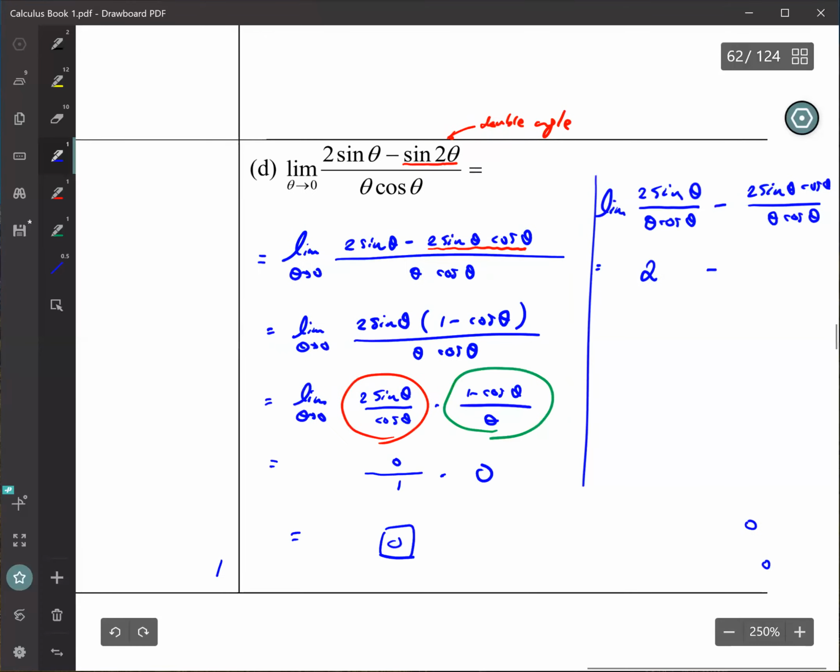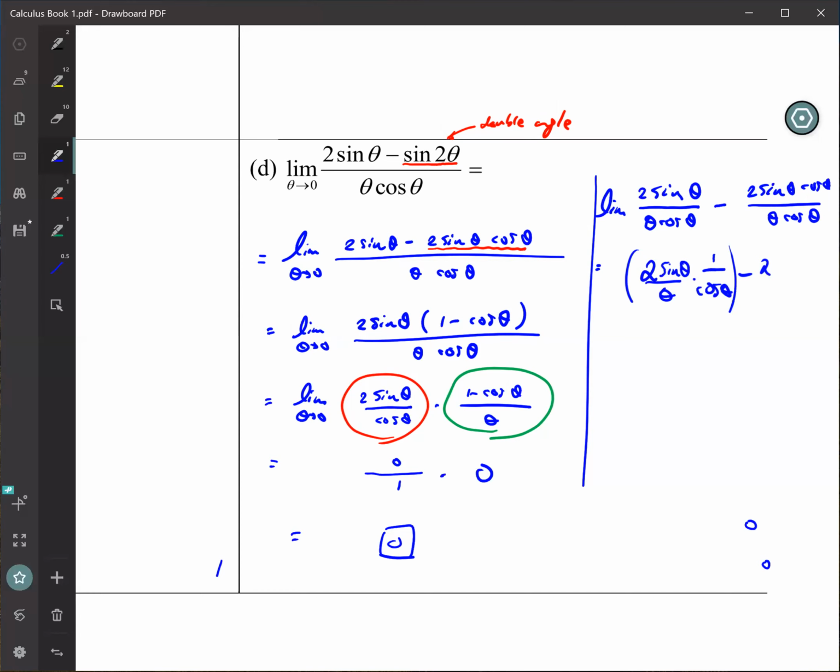Wait, sorry. Let me restate it. The left side goes 2 sine theta over theta times 1 over cosine theta. Hold on, let me write it. 2 sine theta over theta times 1 over cosine theta. And then minus 2. Just 2, because I already applied the law. I'm gonna apply the law together at the same time.